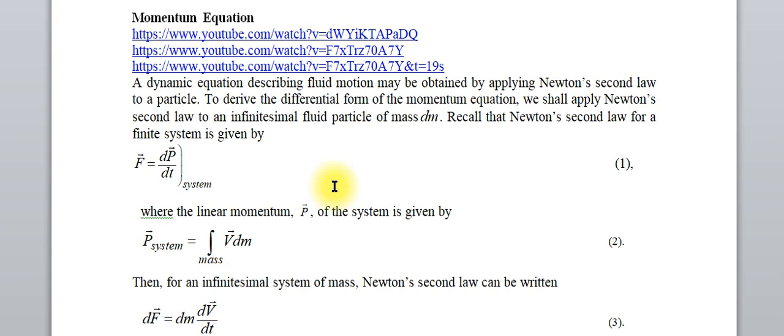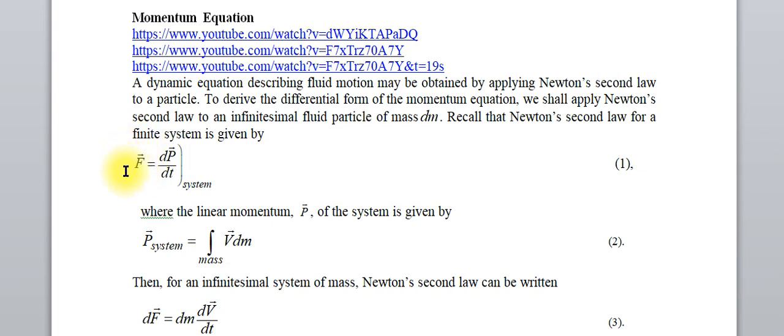we will use the second law of motion, F is equal to ma, and that force F, as we have discussed in this lecture, will be considered as a surface force plus body force, and these forces will generate the stresses, because force per unit area is nothing but stress.